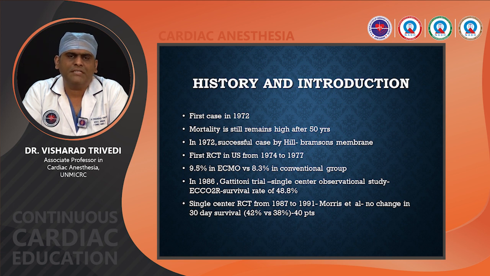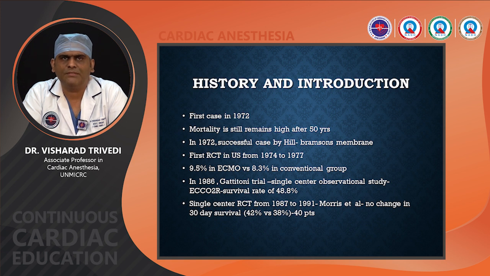The first successful case was done by Dr. Hill in 1972, who didn't use an oxygenator, but used Bremson's membrane as a permeable membrane for gaseous exchange, and they found it a useful method for gaseous exchange apart from the lungs.